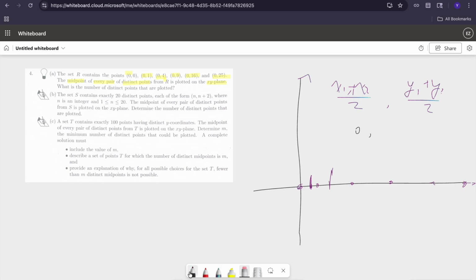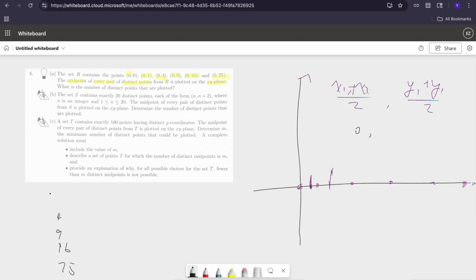Okay, so we write 0 plus 1, plus 4, plus 9, plus 16, plus 25. Here I need to write clearly.